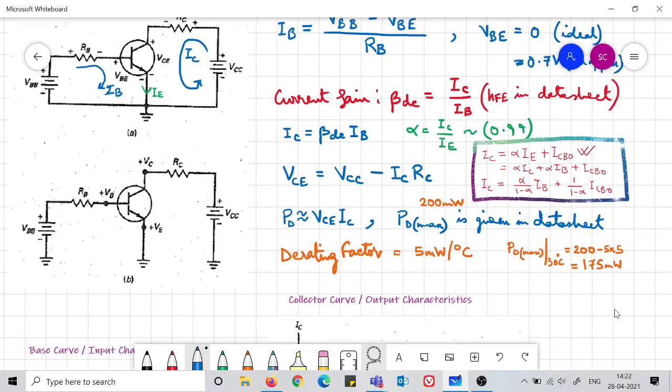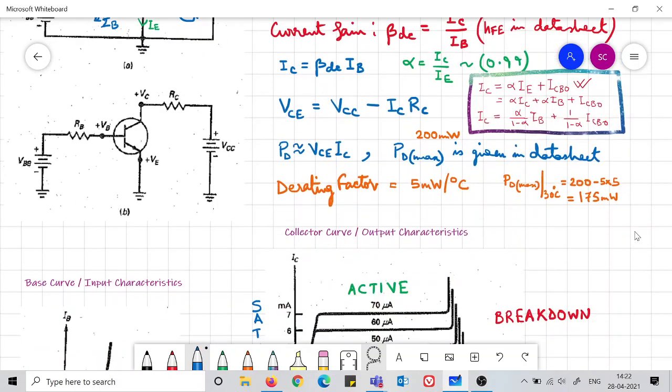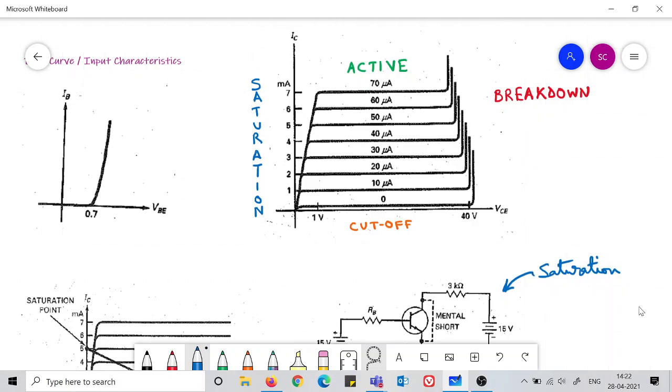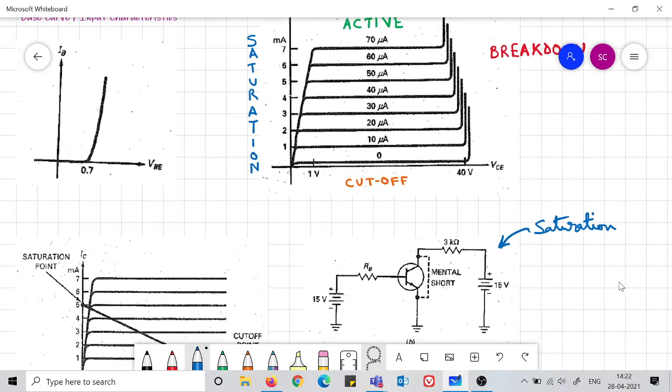Previously we were talking about operation in the active region, so we took the understanding of the current gain. However, when we know that the transistor is in saturation, we cannot apply the idea of current gain. Then what idea do we apply?